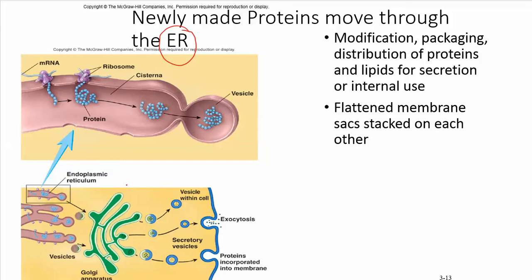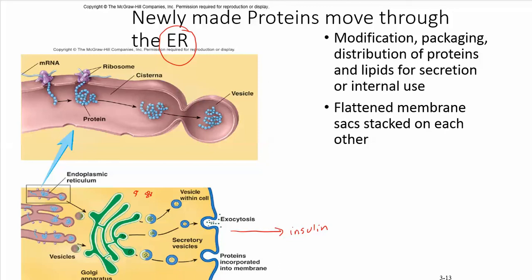Well, insulin isn't going to be a protein that's just out here in the cytosol. Insulin is something that we want to secrete. So we want insulin to move out, and that explains why it went to the endoplasmic reticulum. If you look at this picture down here in the corner, here's the protein being made.